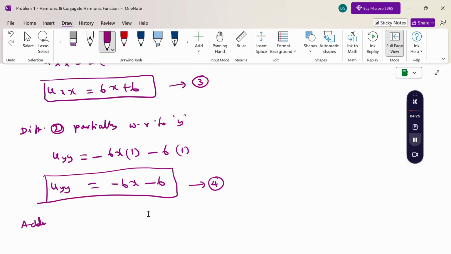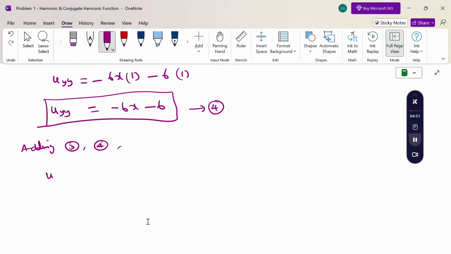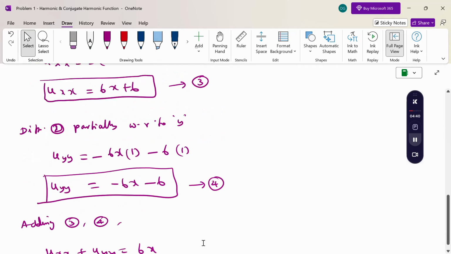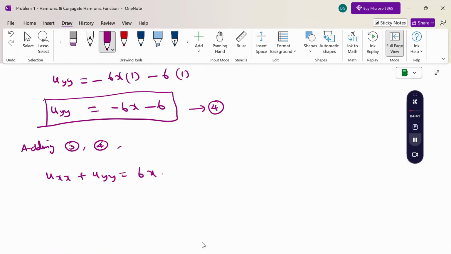Adding equations 3 and 4, uxx plus uyy equals 6x plus 6 minus 6x minus 6. When I cancel the 6x, the value is 0.